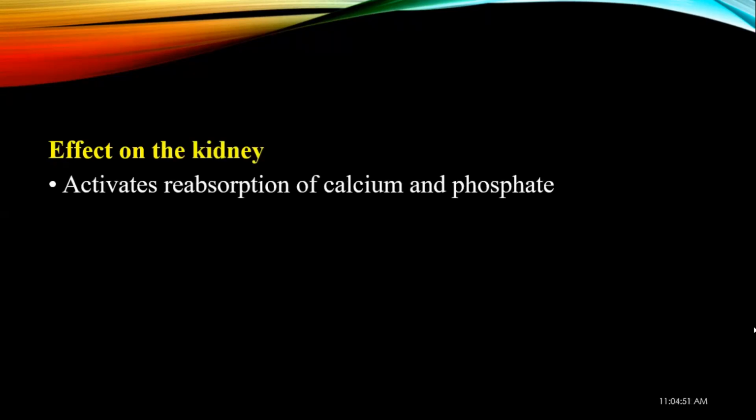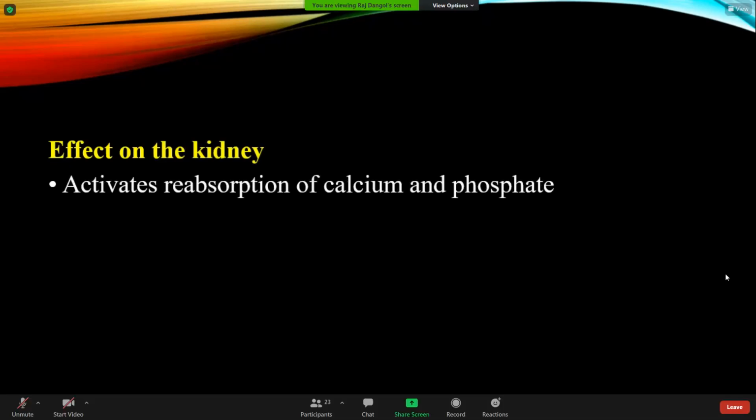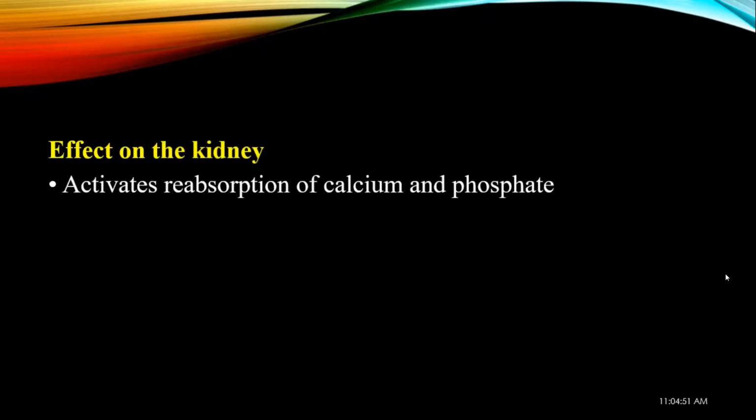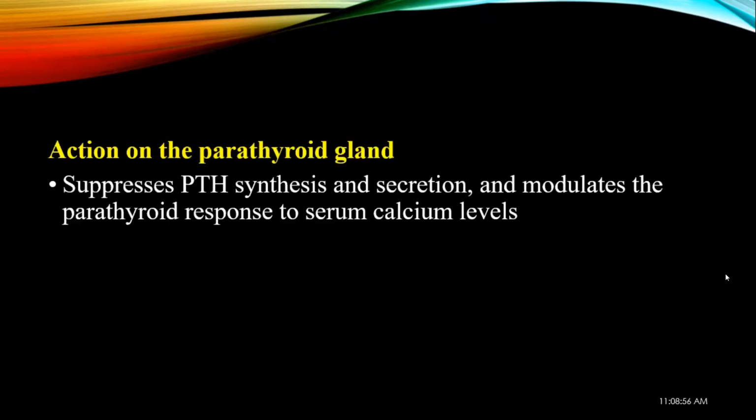So, effects on kidney. On the kidney, vitamin D activates the reabsorption of calcium and phosphate from renal tubules, which prevents the excretion of calcium and phosphate, so that it retains the concentrations of calcium and phosphate in circulation. On the parathyroid gland, vitamin D suppresses parathyroid hormone synthesis and secretion, and modulates the parathyroid response to the serum calcium level.